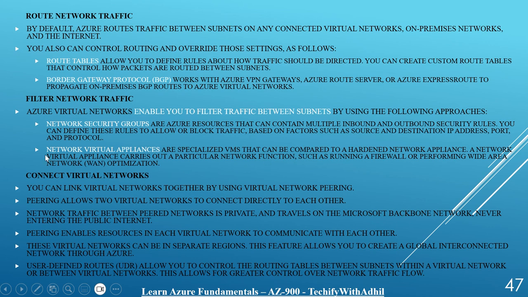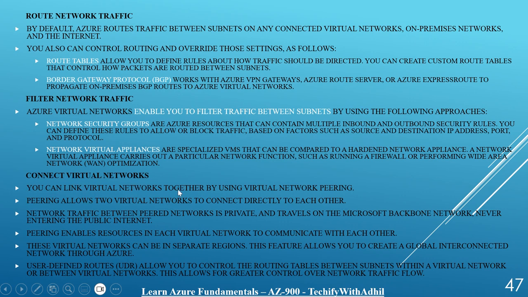So a network virtual appliance is a VM that runs network functions like firewall and WAN optimization. The network security group is an Azure resource, not a VM, whereas the network virtual appliance is a VM that runs functions controlling the network.